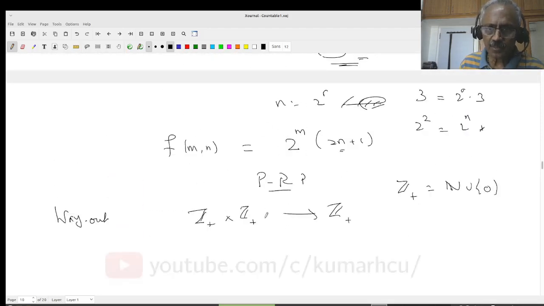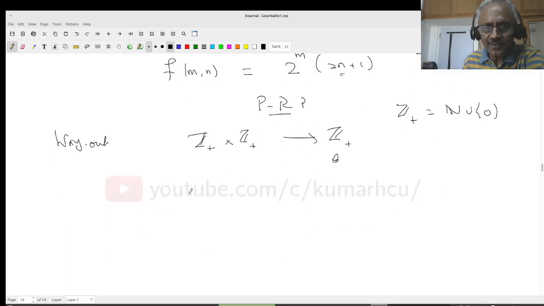But again there is a problem. What is the problem? If I start with m and n, m may be 0, n may be 0, but 2n plus 1 is already 1. But I want it to be a bijection, that means it must be onto. Therefore 0 should be in the image. So I won't get 0 with this method.